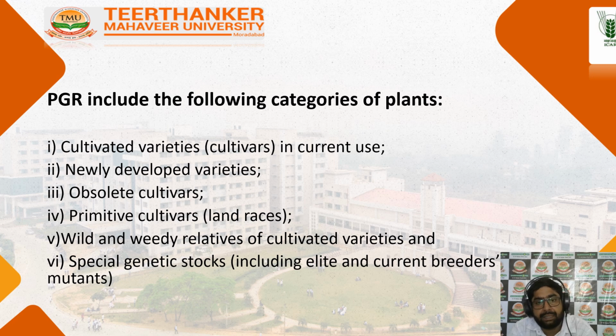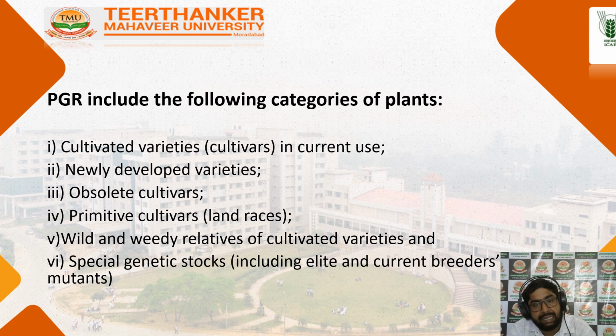of different crops and species in different seasons. Number three is obsolete cultivars. Number four, primitive cultivars, in other words, landraces. These are old varieties, primitive varieties, cultivated over the largest area in previous times.